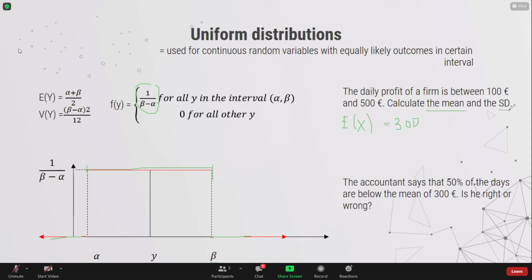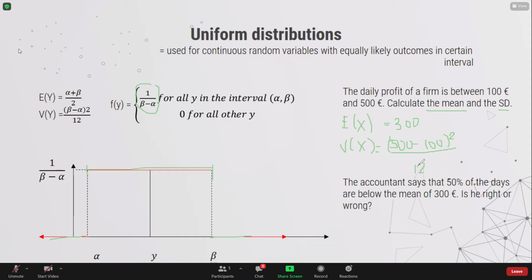Now we have to find the standard deviation. But to find the standard deviation, we have to find the variance. So basically, we have to find everything. In that case, we can calculate the variance by taking the maximum point, which is 500, minus the minimum point, that is 100, the whole bracket to the power of 2 divided by 12.